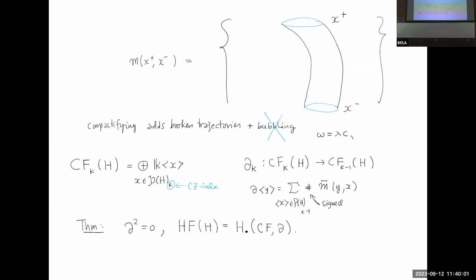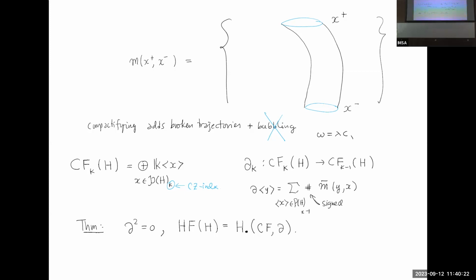This is called the Conley-Zehnder index, and then I look at the differential that counts all the cylinders in the moduli space where the difference of the index is 1.